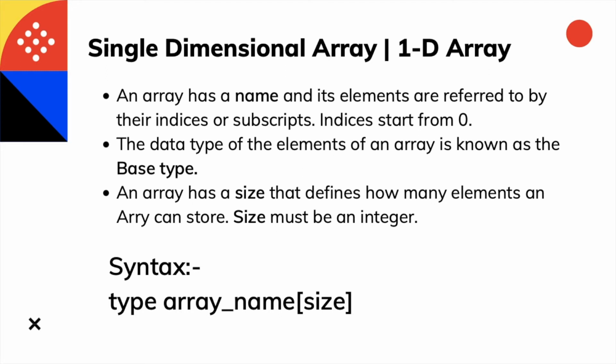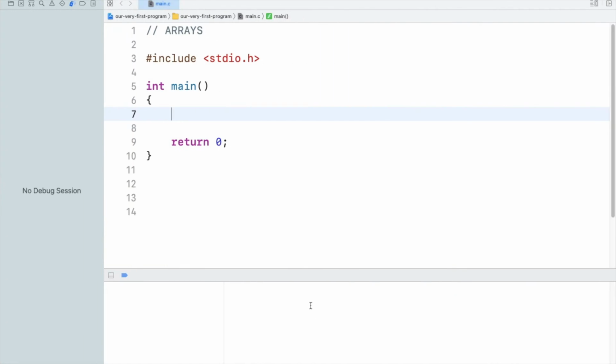Let's write a program to understand it more clearly. I am going to declare an array of integer type, the name of the array will be A, and the size of the array will be 6. You can give any size as per your convenience; I am just giving an example.